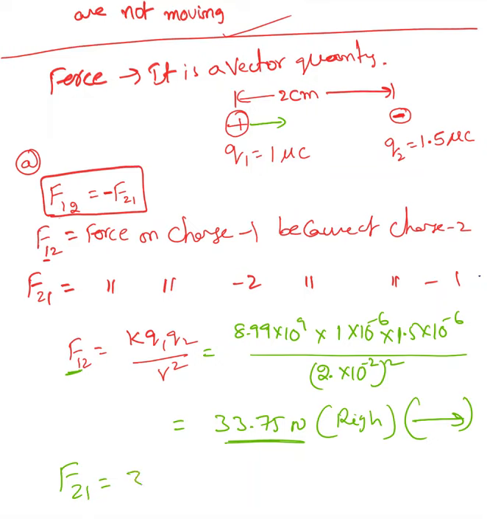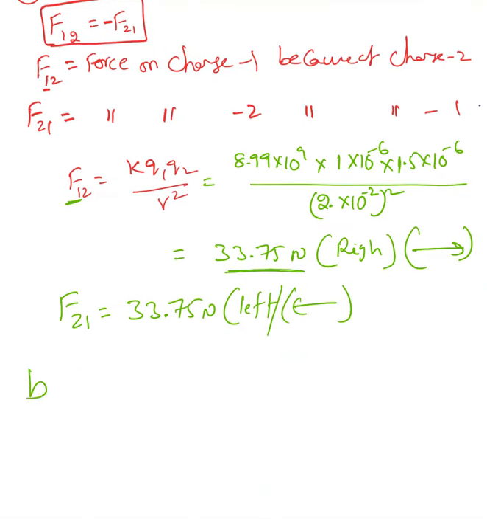F21 is also the same amount, 33.75 Newton. But the direction is going to change. Now we are looking at charge 2, assuming charge 1 is constant. If charge 1 is not moving, which direction is charge 2 going to move? It's going to move to the opposite side. So you can say left, or you can indicate the arrow. Either one is good. You don't need to show both.